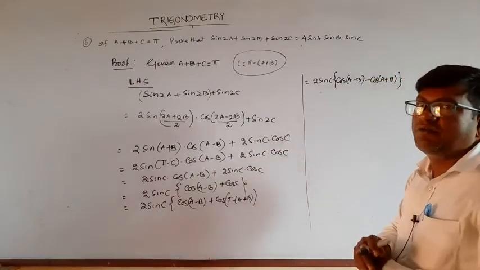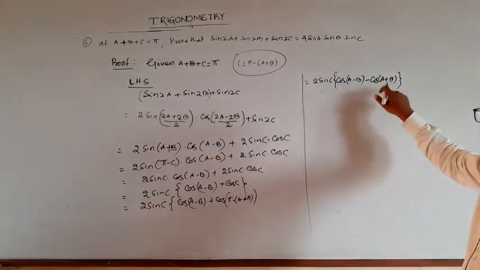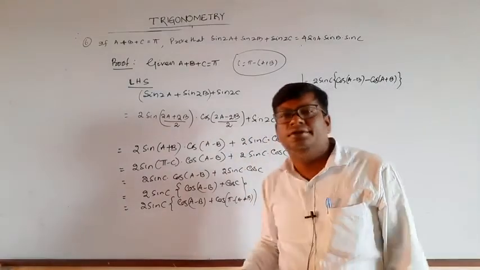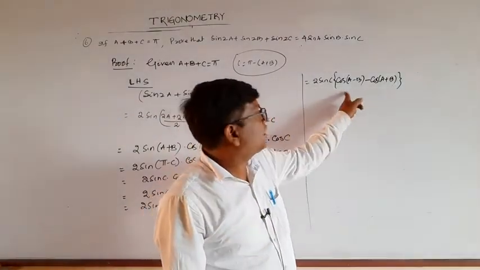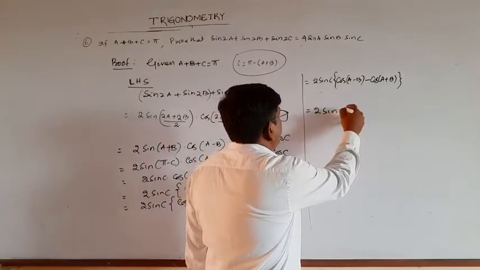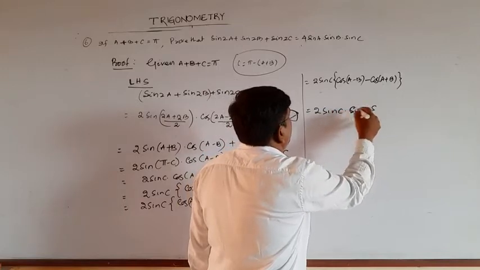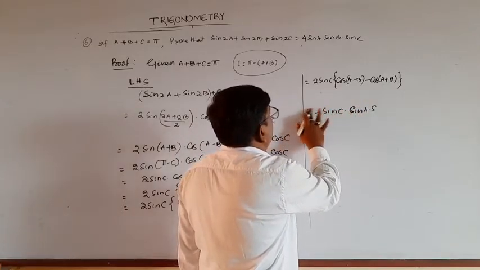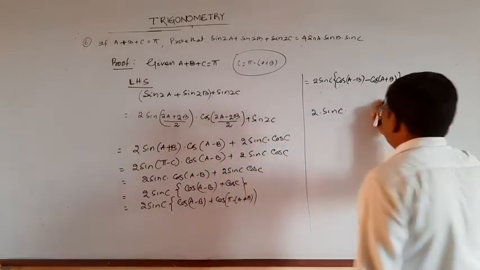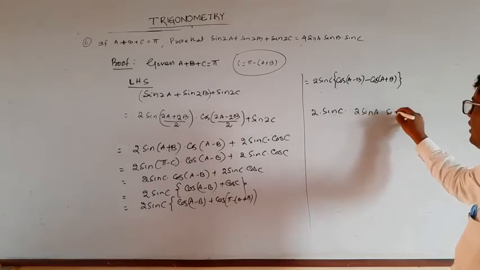This is the formula for what? Cos (a minus b) minus cos (a plus b) is 2 sin a into sin b. So 2 sin c into sin a into sin b, where this is the formula for 2 sin a sin b.